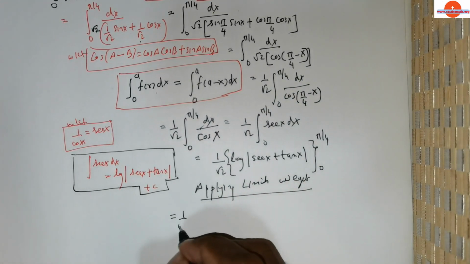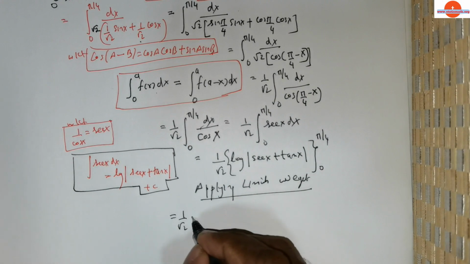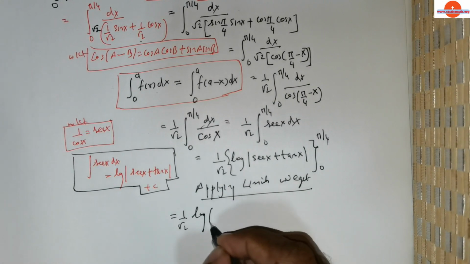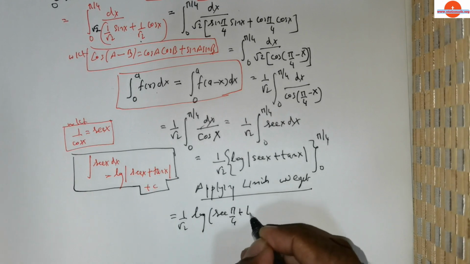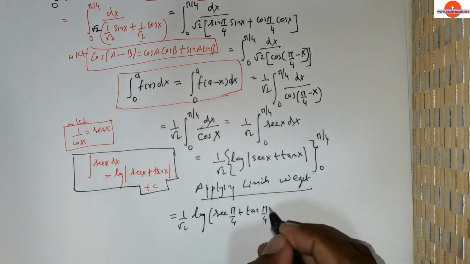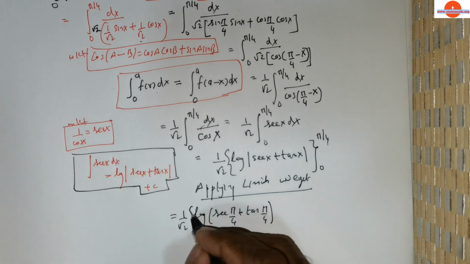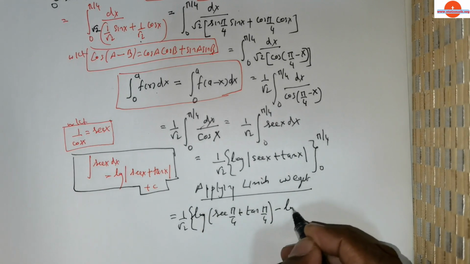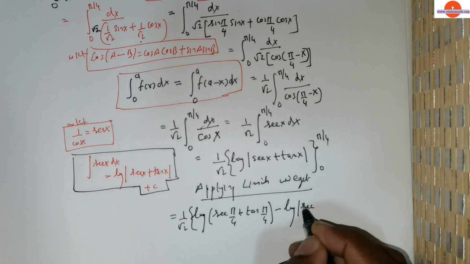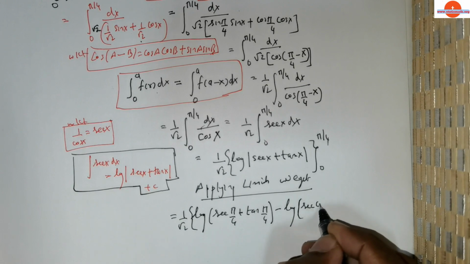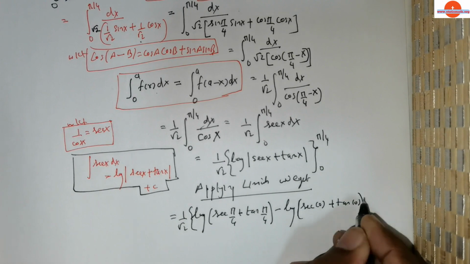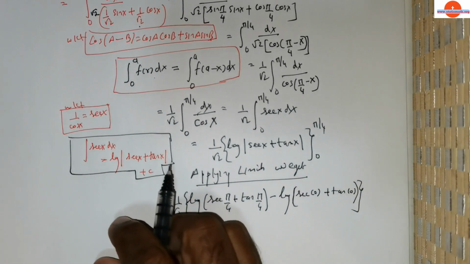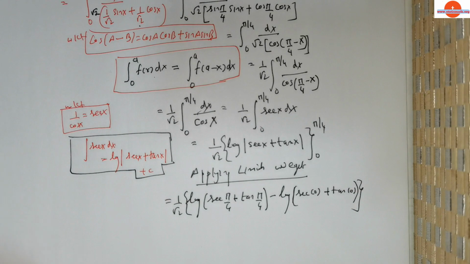Substitute the upper limit, it's going to be 1 over root 2 log of secant pi over 4 plus tan pi over 4, minus log of secant 0 plus tan 0. Okay, you got this.